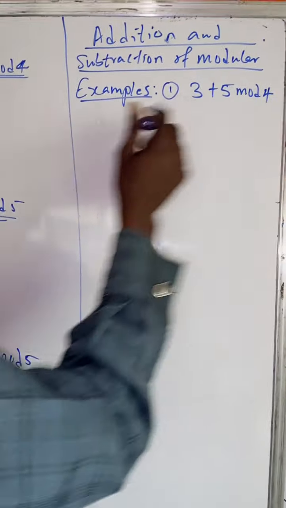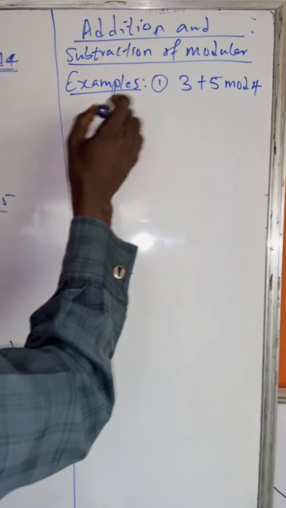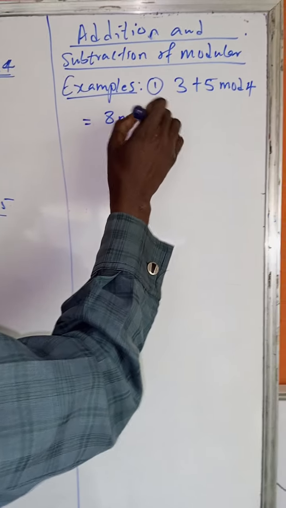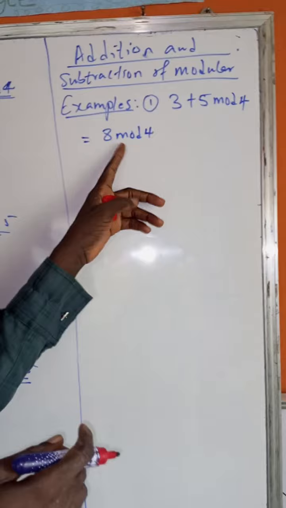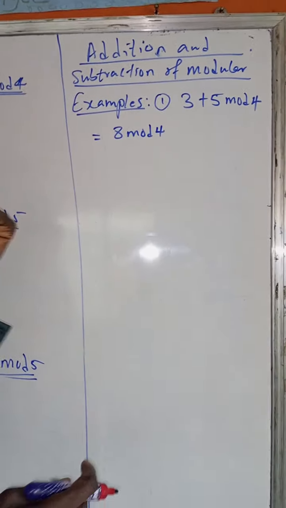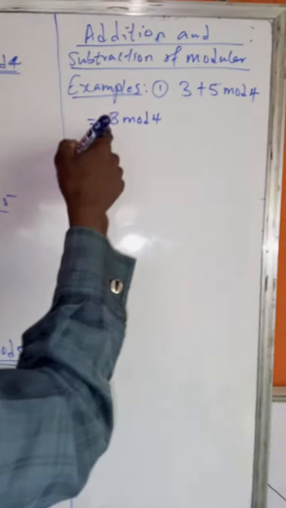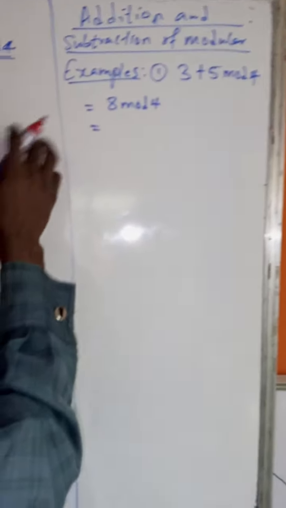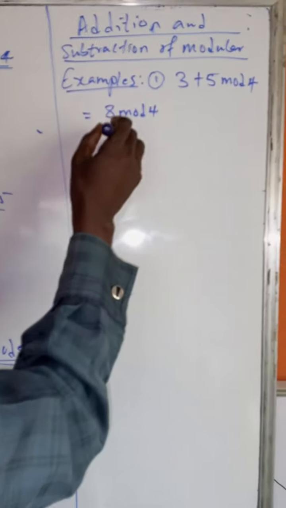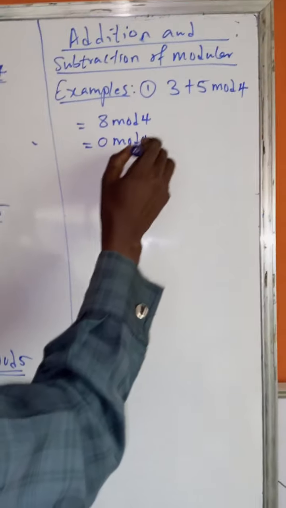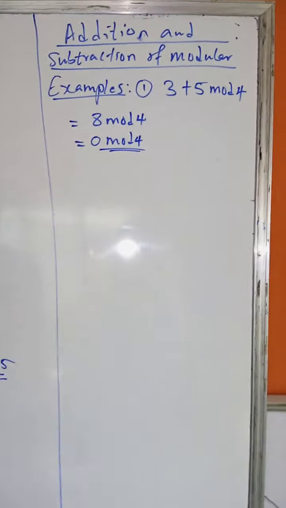When we add this, it's equal to 8 mod 4. You see that this has turned into our first example. 8 mod 4, you use 4 to divide it. It will be 2 times. We are not concerned with that. The remainder is 0 mod 4. So that is our answer.